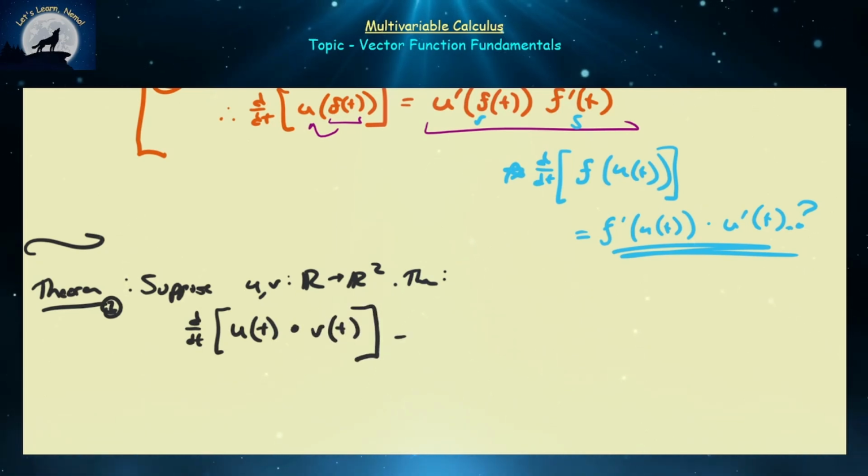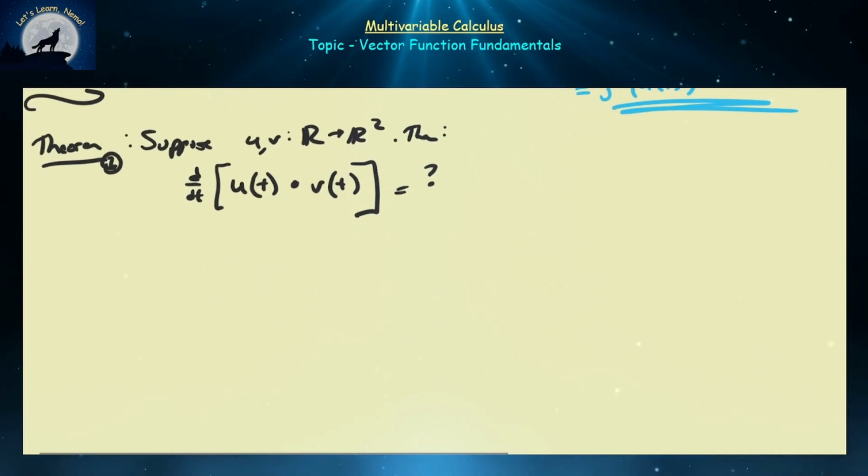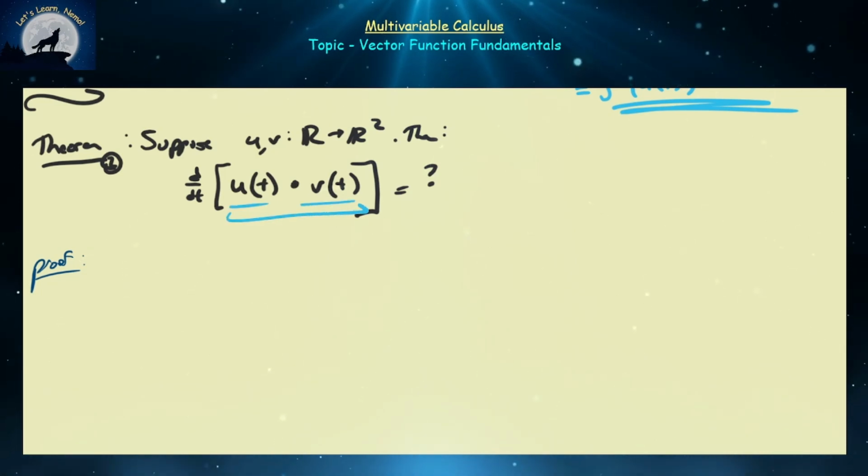What will this be equal to? Let's see if we can actually prove this statement without knowing what we're proving. Because we know the dot product of two vectors will be a scalar, we should get a scalar function as our answer. So what will that scalar function be? Well, we're about to find out.